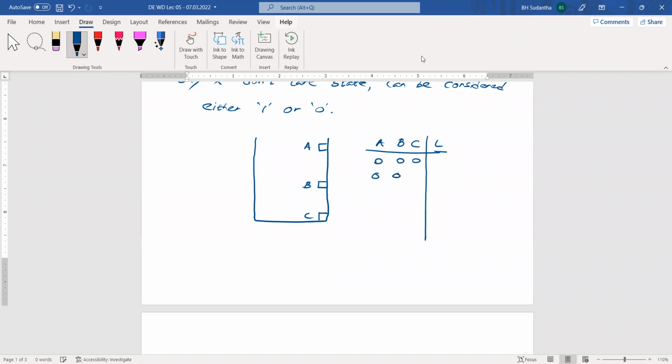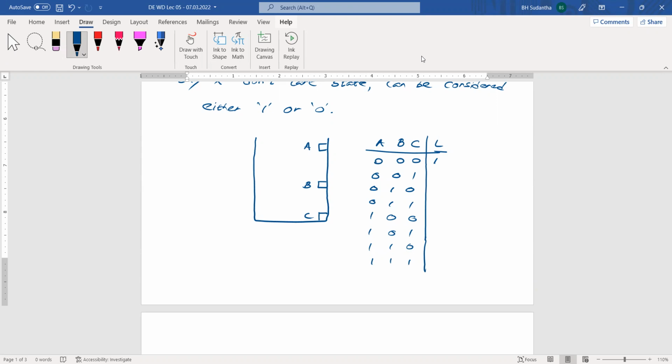These are all the possible combinations here. Now 0, 0, 0 means there is no water. Then here we can turn on the motor. Then here 0, 0, 1.